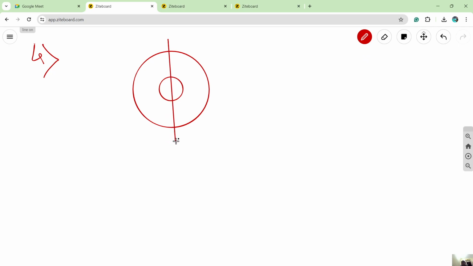Now the radius, and these are the arrows.